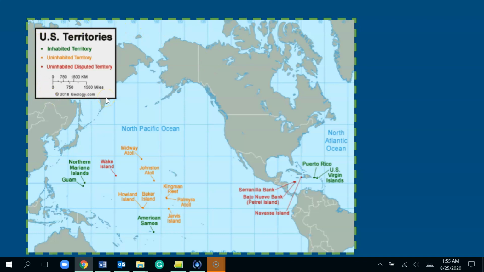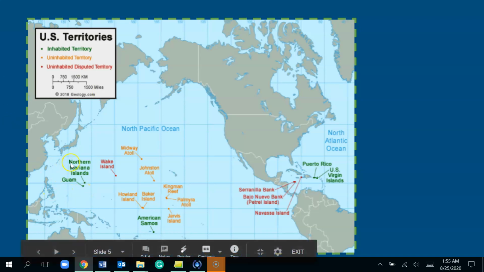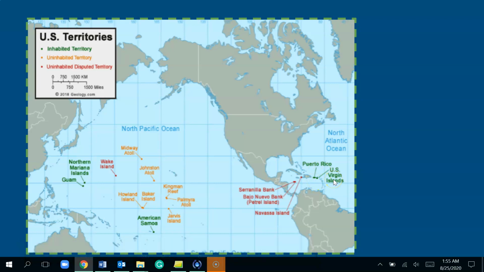We have three different categories: inhabited territory, uninhabited, and uninhabited disputed territory. For the purposes of the civics test questions, you only need to learn the green parts of it. So only the territories labeled in green are necessary for you to learn.